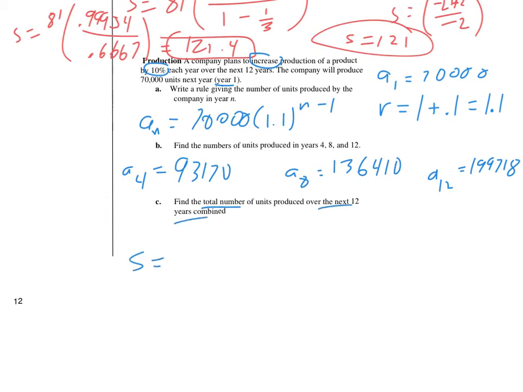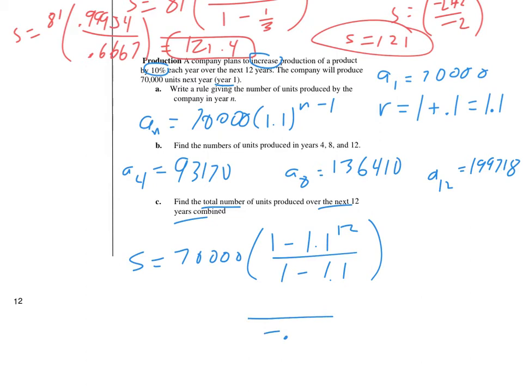All right, and then the total number of units produced over the next 12 years combined. So that's my sum formula. So I know my a sub 1 is 70,000. 1 minus r to the power of n over 1 minus r. So I know the denominator there is negative 0.1. I'll go ahead and figure out what's 1 minus 1.1 to the power of 12.